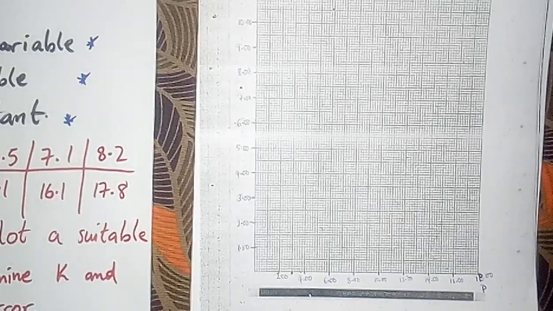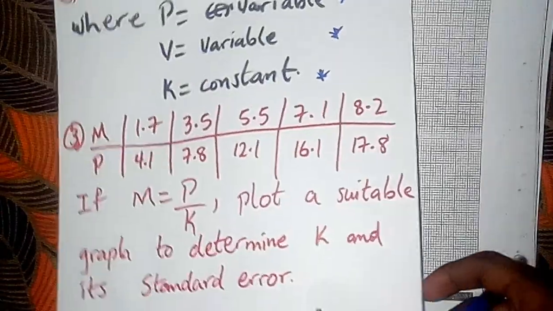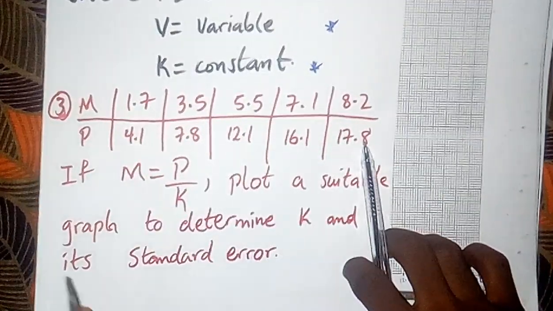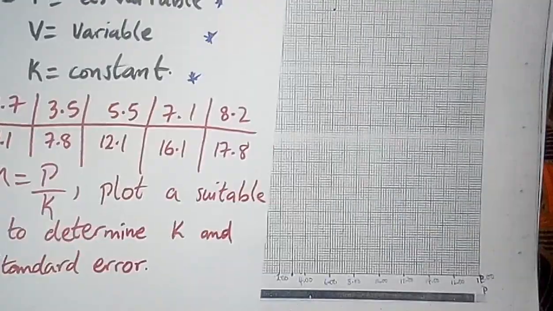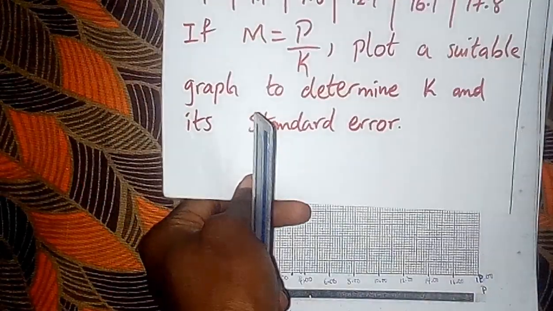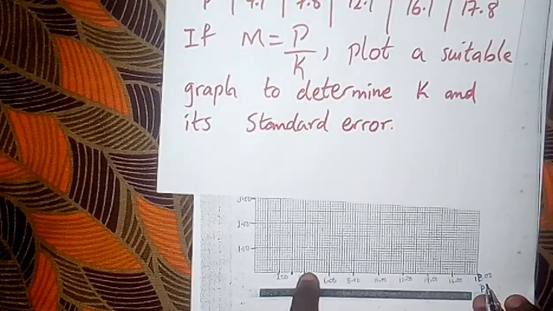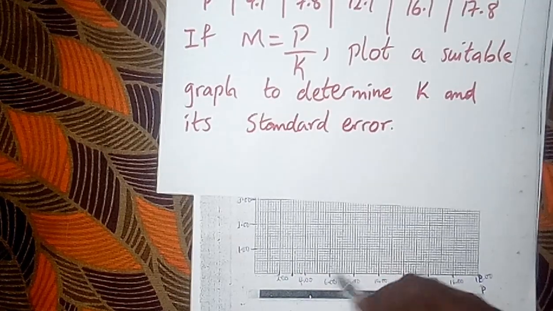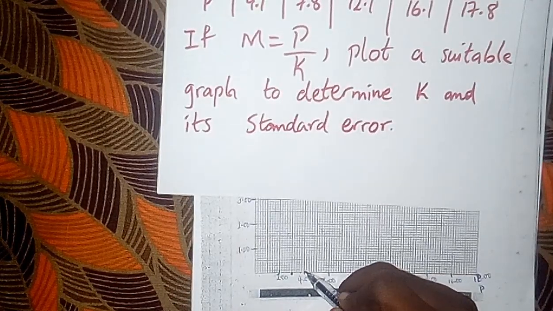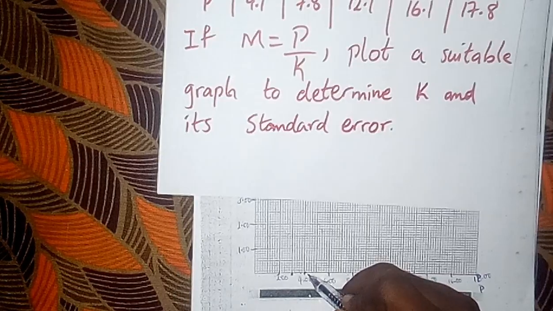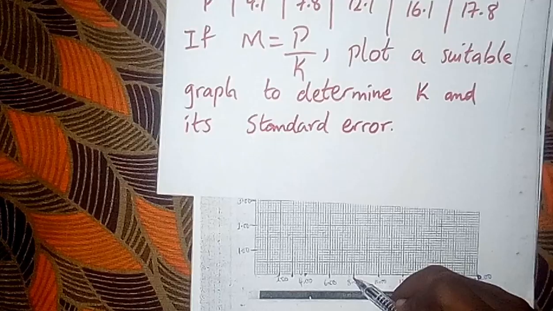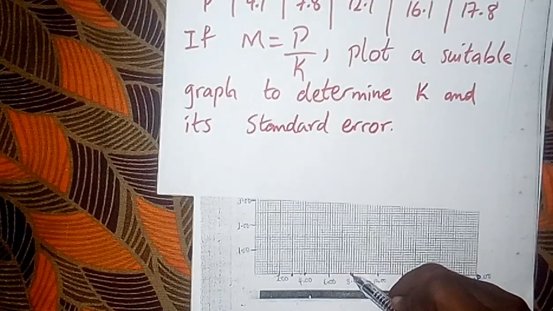So now, to get the graph, we have our table here. So let's mark all the points on the P-axis first. So for the P-axis, the down one, so we have 4.1. Okay, so 4.1, that's in between here and here. Then 7.8, this is 7, this is 7.8.